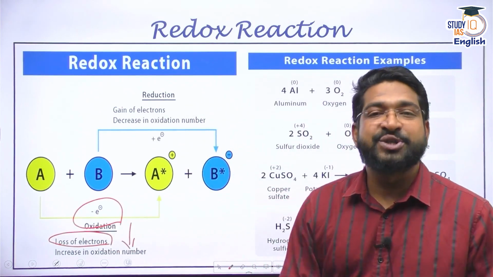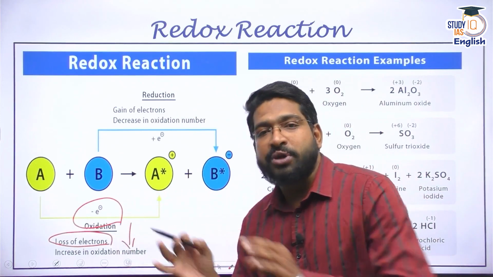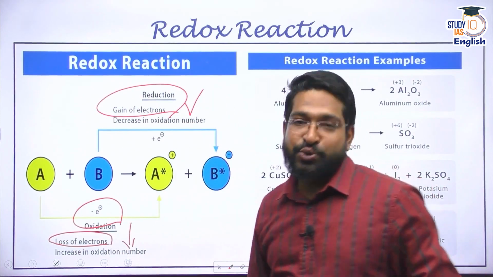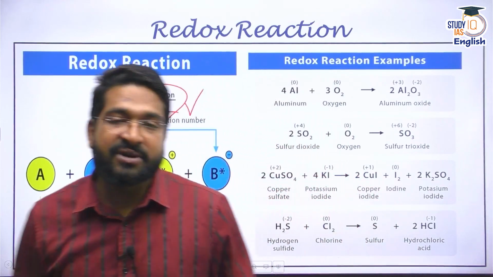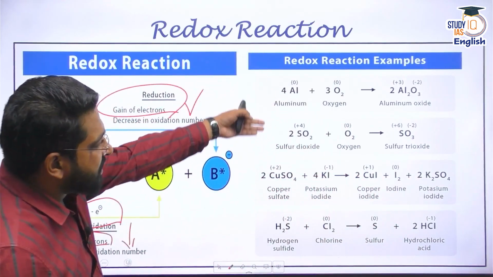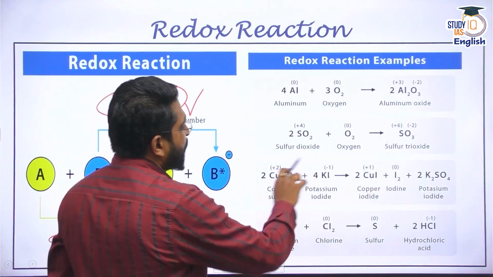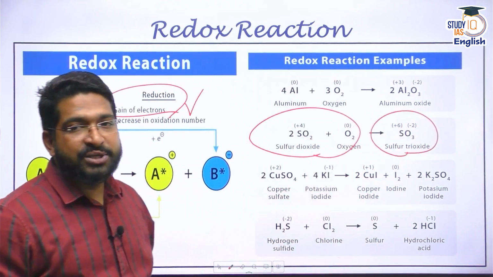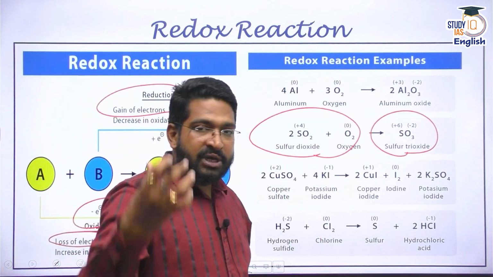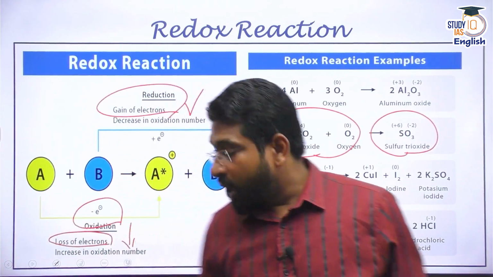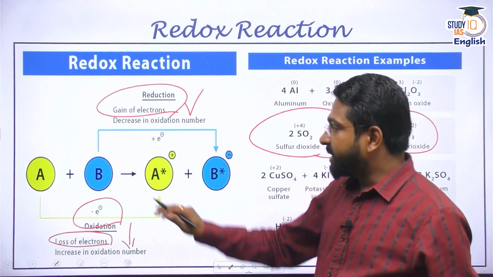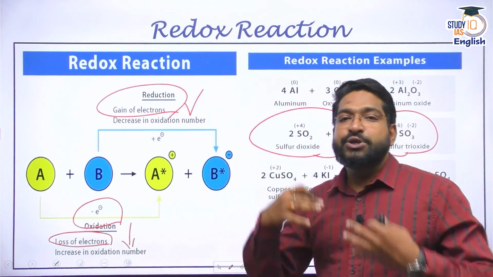Please remember, oxidation is equal to loss of electrons and reduction is equal to gain of electrons. There can be many examples of this redox reaction. For instance, here if you see sulfur dioxide and oxygen leading to sulfur trioxide, an example of a redox reaction. So remember this, oxidation means loss of electrons or increase of oxidation number, and reduction means gain of electrons.